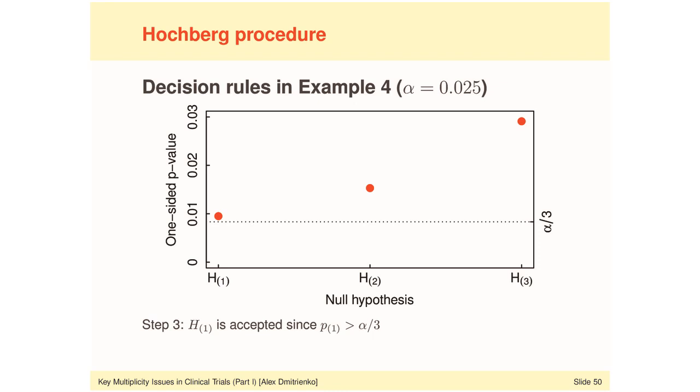And if you remember, when we discussed the application of the Hommel procedure to the same set of p-values, the conclusion in step 3 was that the Hommel procedure actually rejected the hypothesis corresponding to the smallest p-value. So in this particular case, the Hommel procedure clearly looks more attractive.